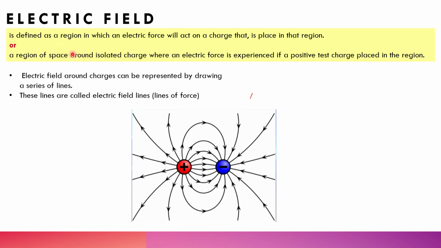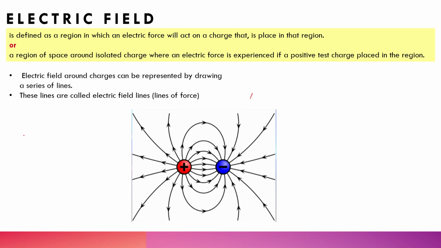So the electric field is actually a region in which an electric force will act on a charge that is placed in that region. Means that, let's say here, I change to pen first.